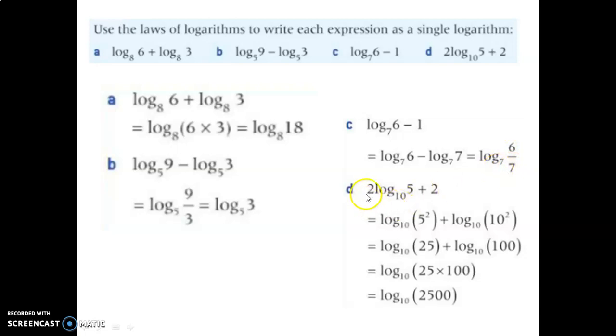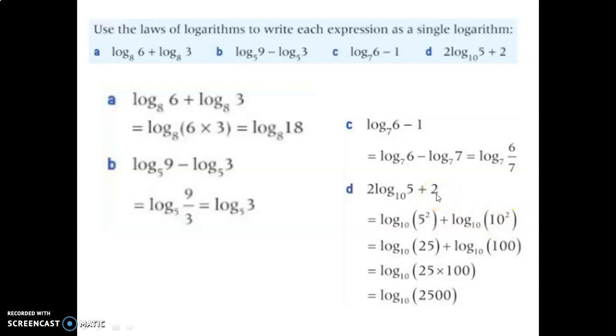Second one, I see that 2 in front, so that's definitely going to jump up and become the exponent of the 5. There it is. And that 2, by the same idea, in this case it's not a 1, it's a 2, so a little trickier. Basically we're trying to make the same base, 10, and you're thinking, 10 to what power? This is the power: 10 to the second power equals 10 to the second power.